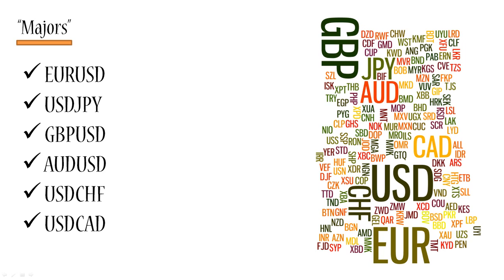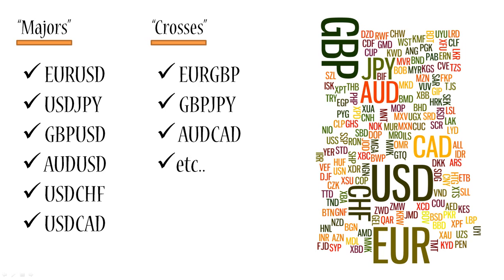And also the second group is the crosses. Crosses are simply put all currency pairs that do not include the American dollar, such as the Euro British pound, yen Australian dollar, Canadian dollar, and so on. And of course, there are also all other currency pairs.